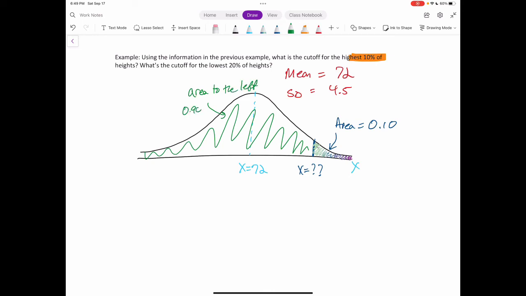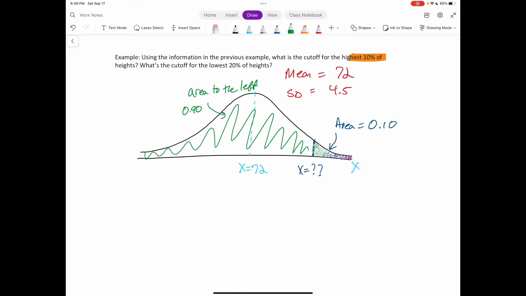Because remember, there's 100% or 1 total area underneath that curve. If there's 10% to the right, that means there's 90% to the left. It has to add up to 100%, or to 1 if you write your percents as decimals, okay? The reason I'm converting these areas to left areas is because we've got to go old school. There's not a way to do this, at least with StatCrunch. There is a way in the calculator. But anyway, we're going to look at some z-tables.